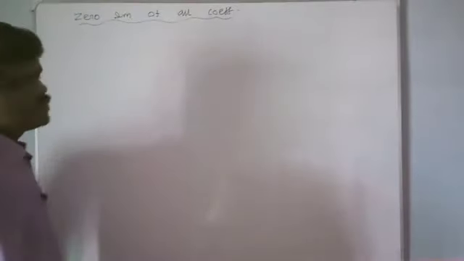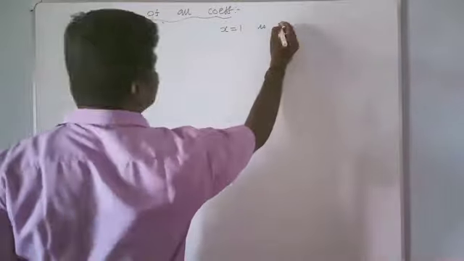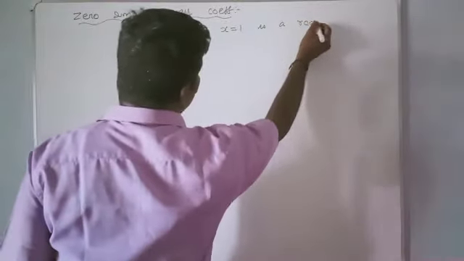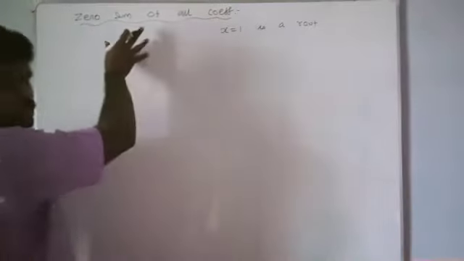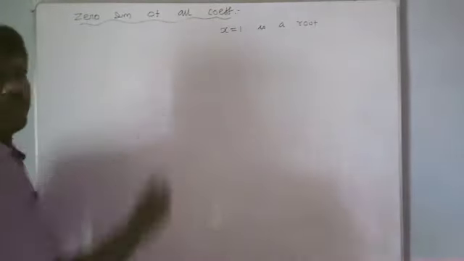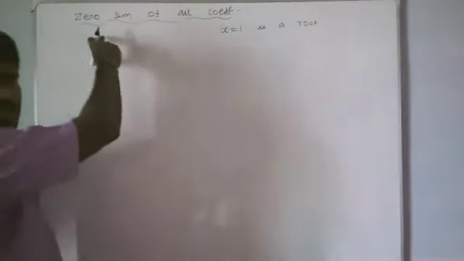If the polynomial coefficients' summation value is 0, then x is equal to 1 is a root. Suppose a polynomial is given and the sum of all the coefficients is 0, therefore x equal to 1 is a root.